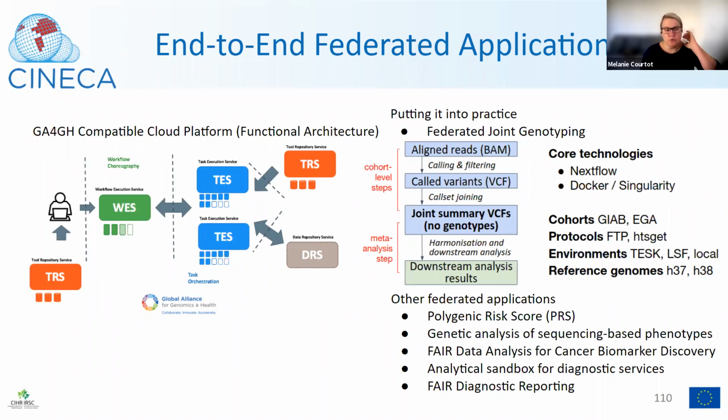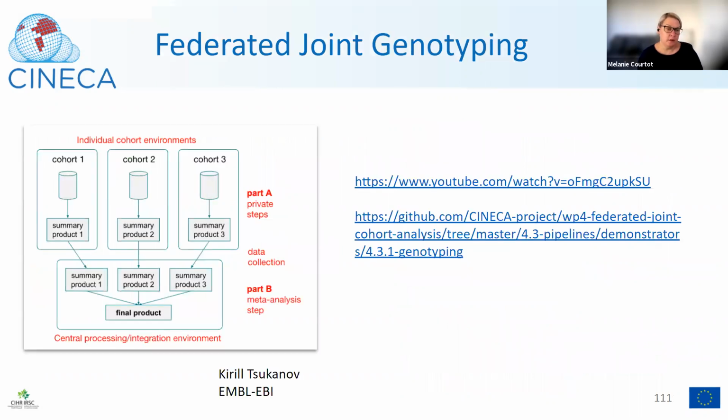And he's really been able to leverage the GA4GH compatible cloud platform to deploy this workflow in practice. What Kirill has done is a 2-part process, which is the first part is private steps. So the data remains at the core site, doesn't move. And at each of the sites, the same workflow is being run to produce that little summary product that you see here in the middle.